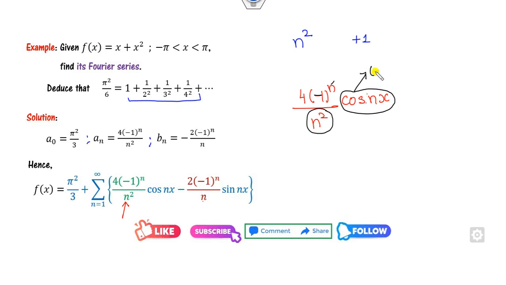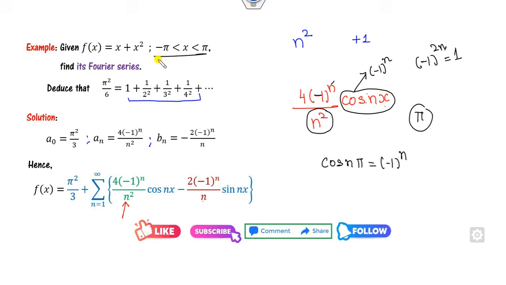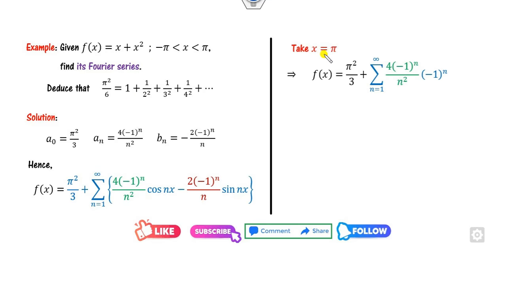So that means this number should be minus 1 raised to power n. Then only it becomes a minus 1 raised to power 2 and that is my 1. So what value of x? Again, we all know cos n pi, so x will be my pi, and pi is the part of this. Fine.